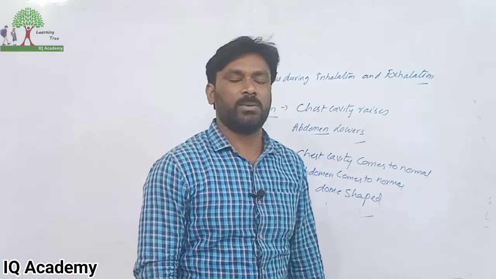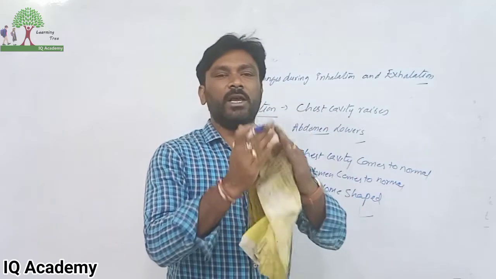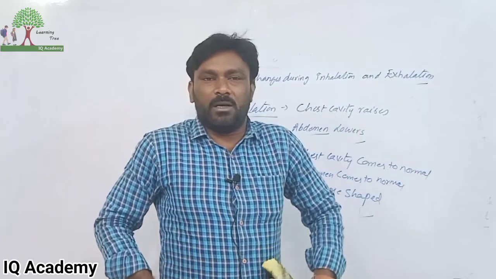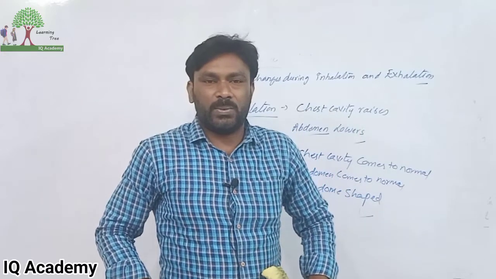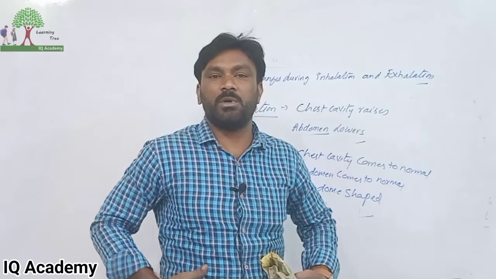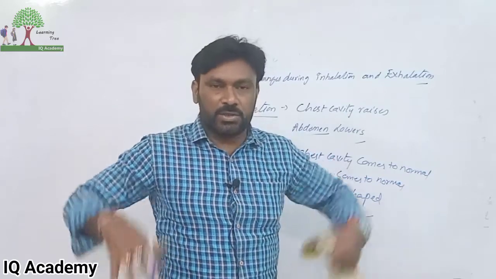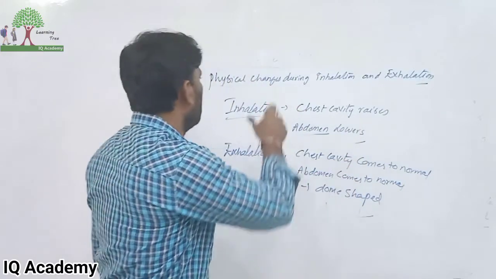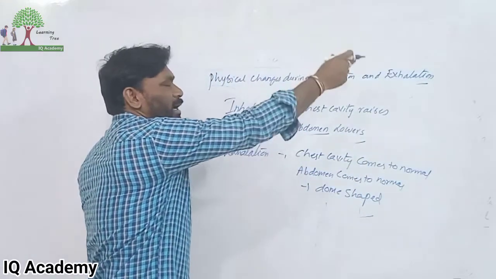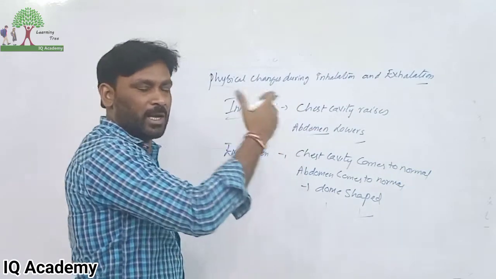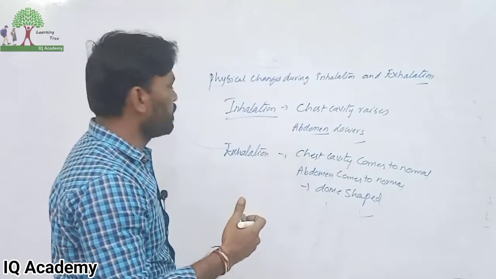When we inhale, chest cavity raises, abdomen lowers. When we exhale, chest cavity and abdomen come to normal position and it turns into dome shape. So these are the physical changes during inhalation and exhalation.